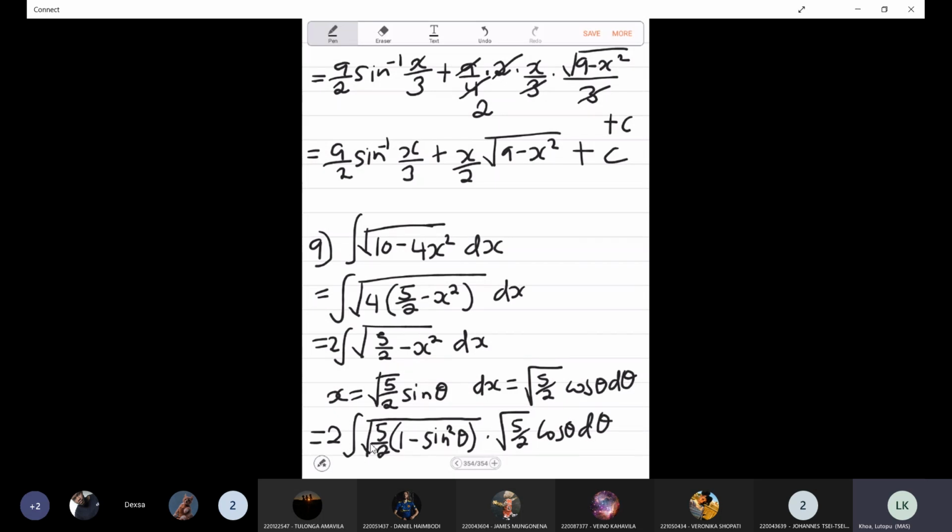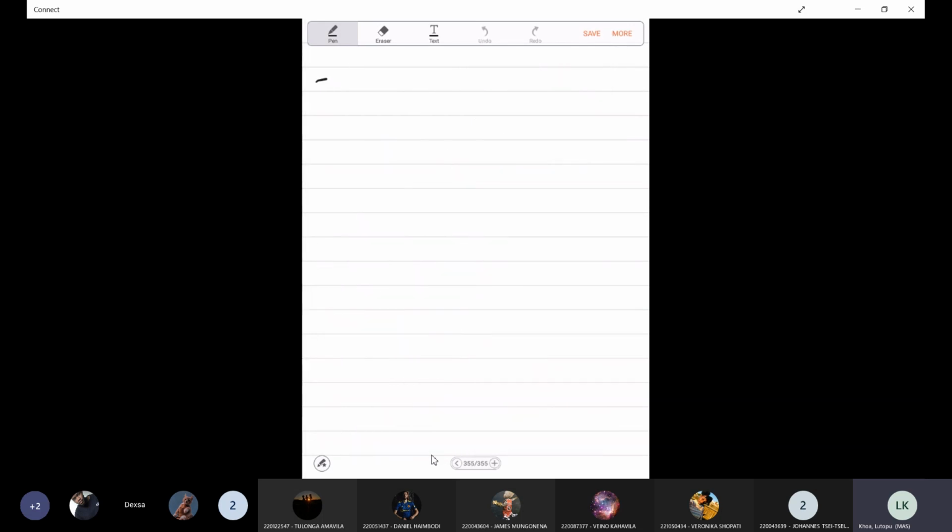Then square root of 5 over 2 times square root of 5 over 2, this is just 5 over 2. And 1 minus sine squared theta is cos squared theta. The square root of that is cos theta. So what we have is 2, the integral of 5 over 2, and then cos squared theta d theta.